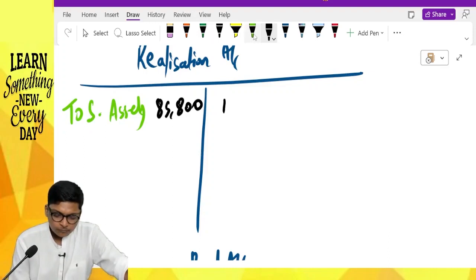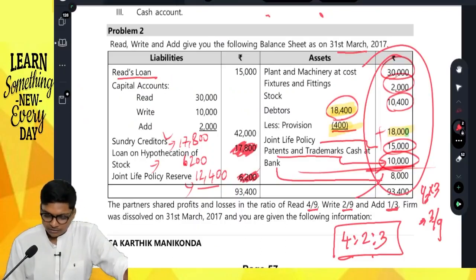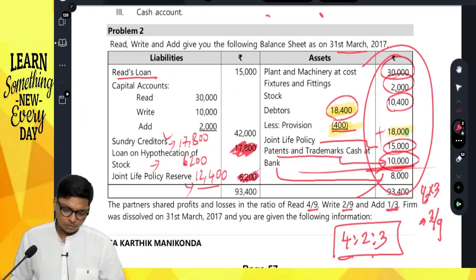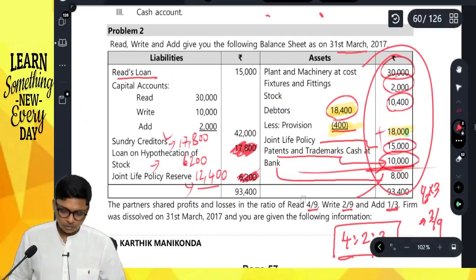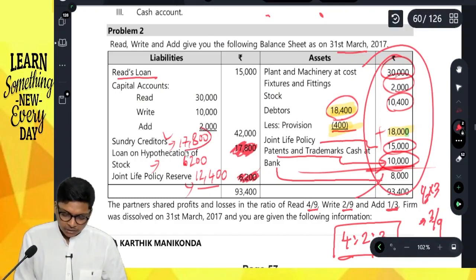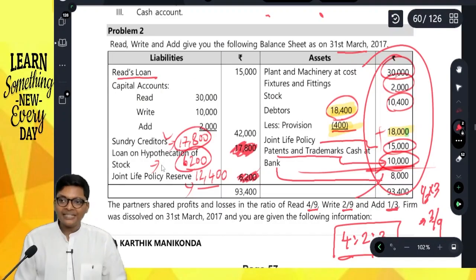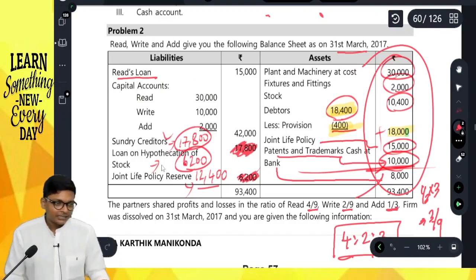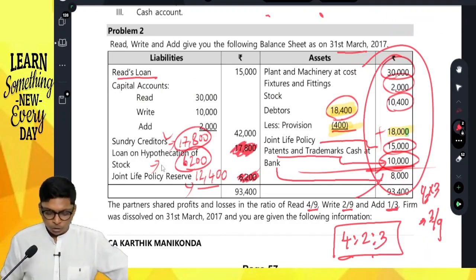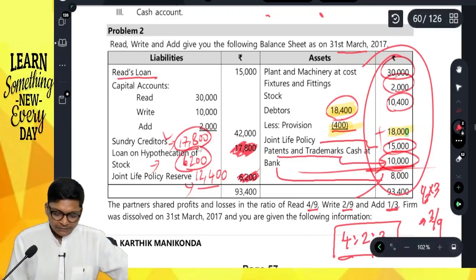Similarly, this side, by sundry liabilities, we have creditors 17,800, loan 6,200. Don't add JLP, it's not a creditor, it's a reserve, it's a saving. So only these two liabilities, 17,800 plus 6,200. What about Reed's loan?